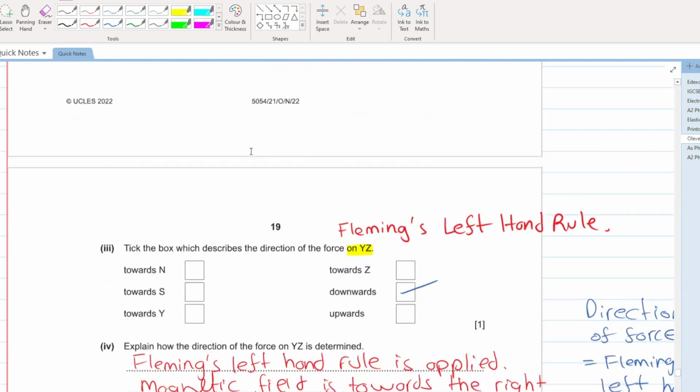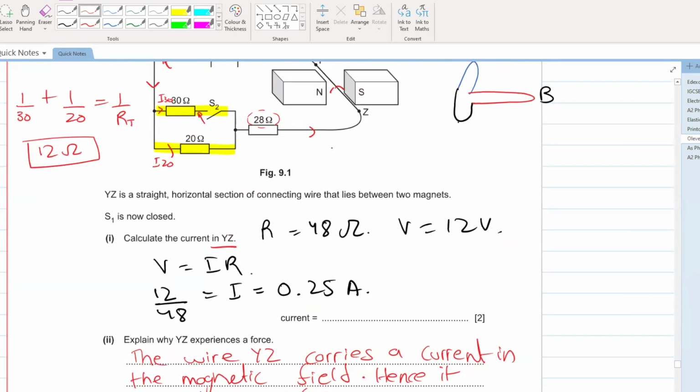You have to calculate the ratio of I20 over I30. Now remember, करंट का जो रेशियो होता है, that is inverse. करंट का रेशियो बेटा is inverse to the ratio of resistances. Simple. What is the ratio of resistances?